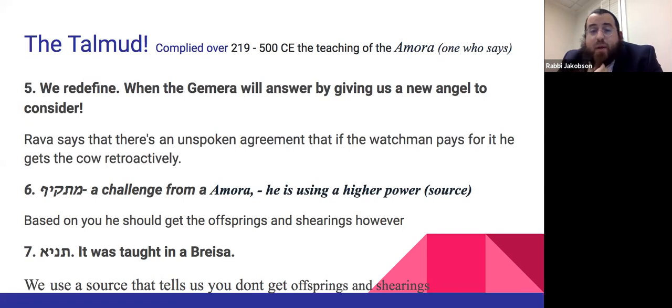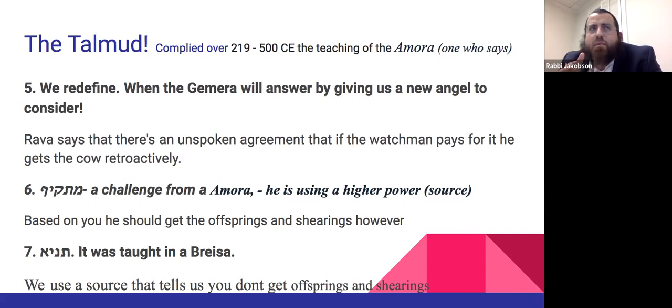To give it a time frame, if the cow was deposited by me on October 1st, it was stolen on October 10th, October 20th, I paid for it, on October 30th, the person who stole it was found. Rava said that on October 20th, when I paid instead of swearing, the cow became mine.